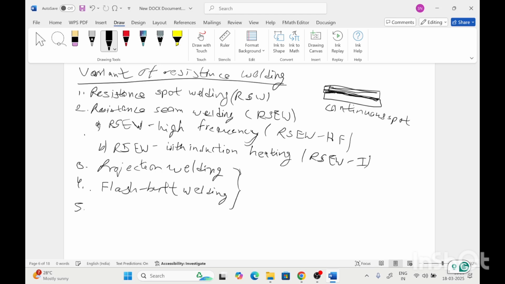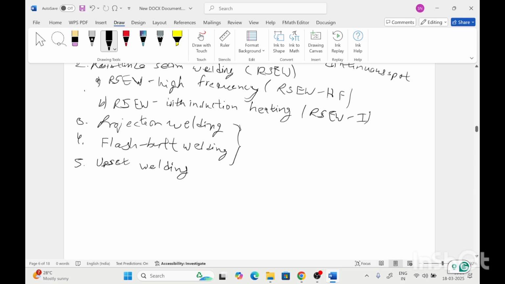Fifth is upset welding. In upset welding, heat is generated to the point that the plates are softened, not reaching the melting point. The plates are softened at a higher temperature, then by using the upset force, the welding joint is created, forming an upset.